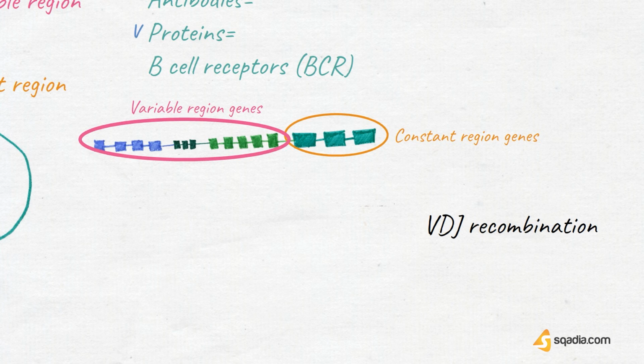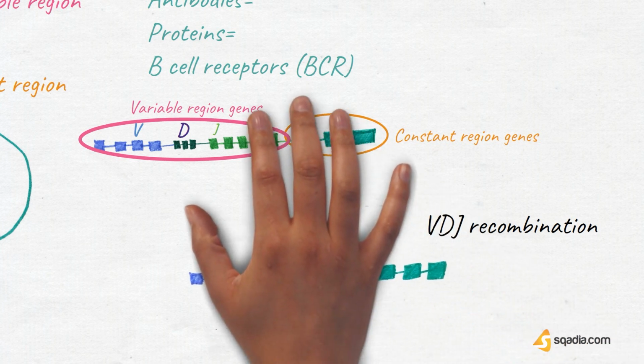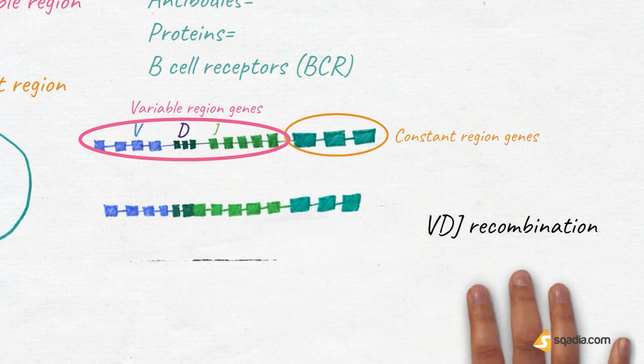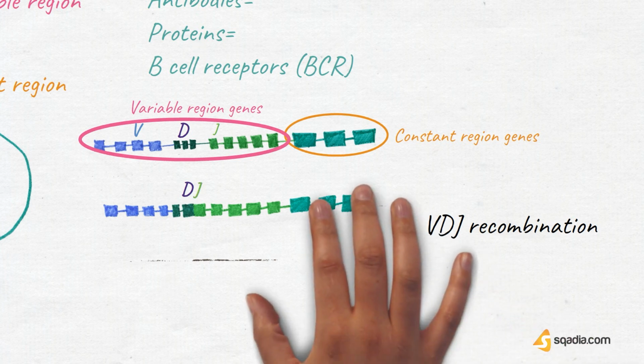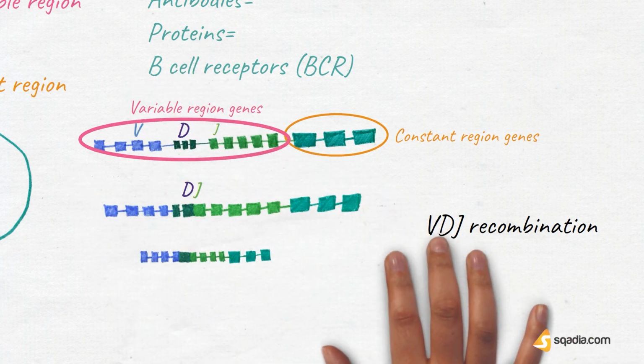Remember, these genes are variable, they are also diverse, and they are joining each other to form different groups, providing our body the extraordinary function of producing diverse antibodies. First, the genes of the DJ section are combined, and they form the DJ gene section.